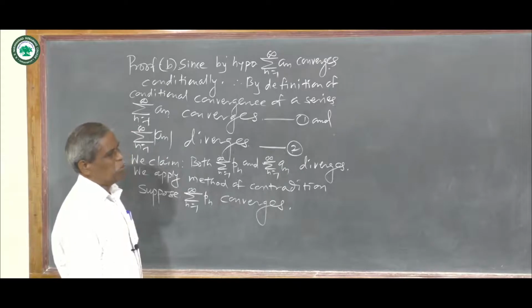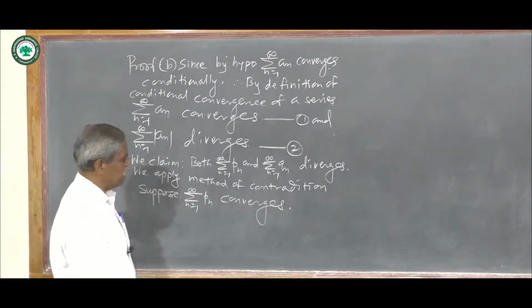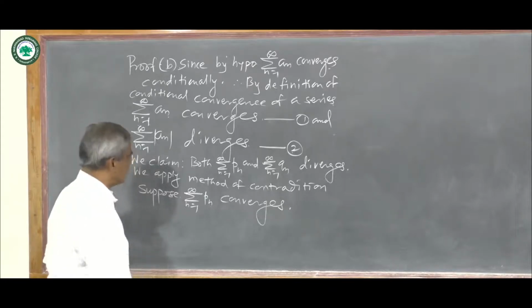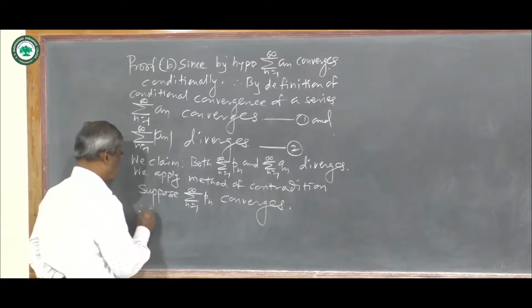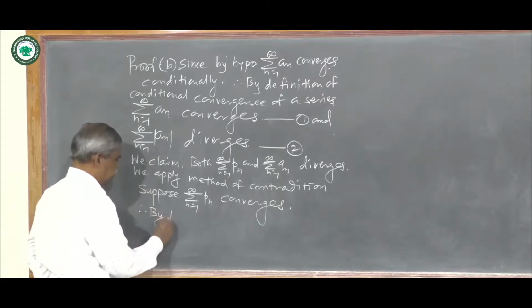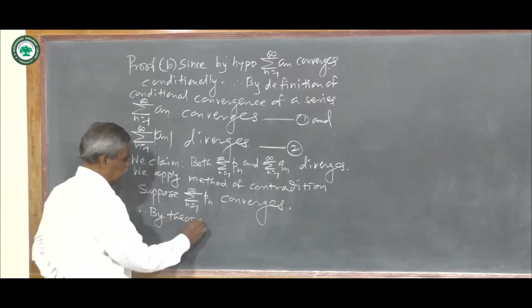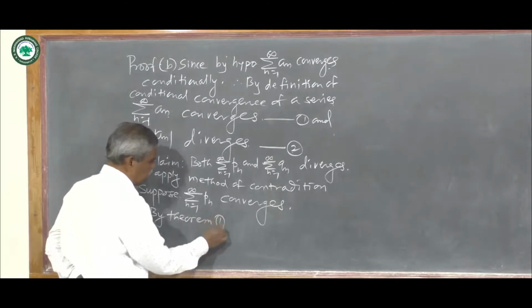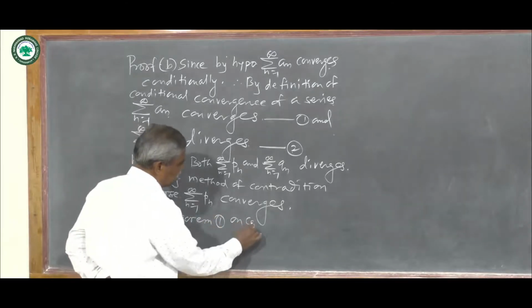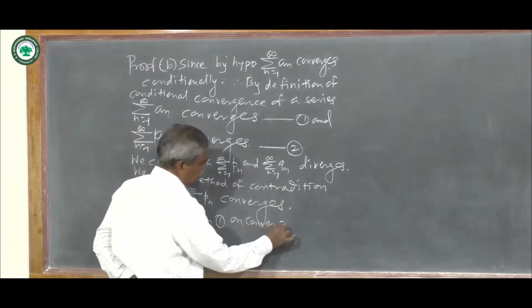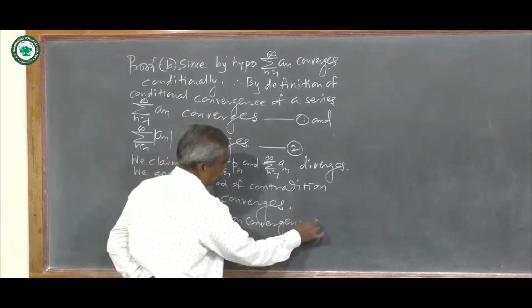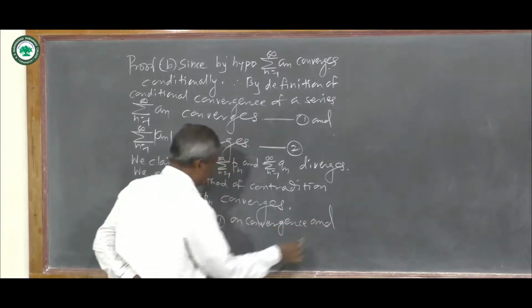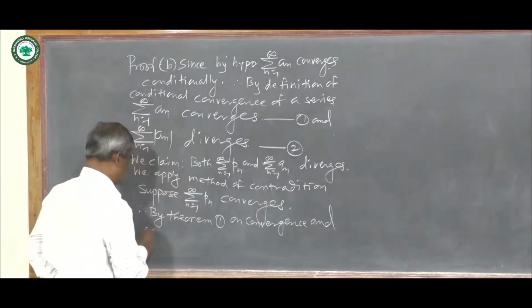Therefore, by theorem 1 on convergence and divergence of series, summation 2Pn converges.